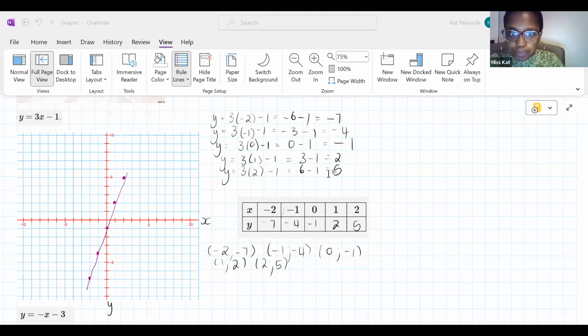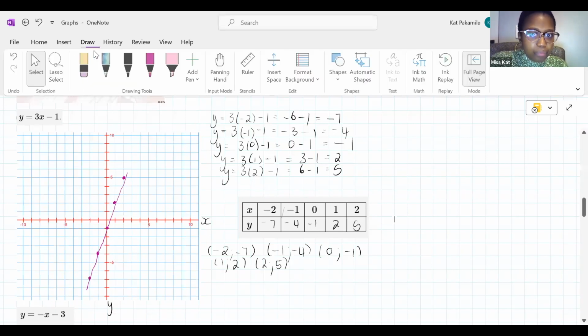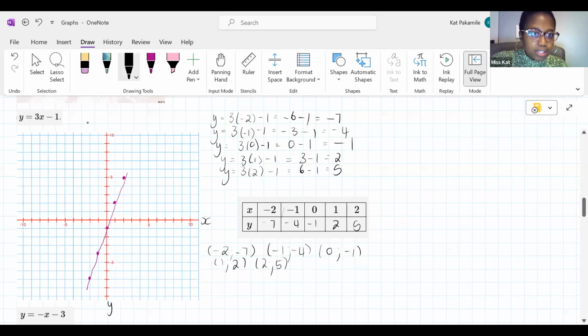Hi, ma'am. You see over there, they said y equals 3 in brackets 2y. After, they said -1 equals 6 minus 1. Where do those numbers come from? Which numbers? We got the formula over here. Do you see the formulas?